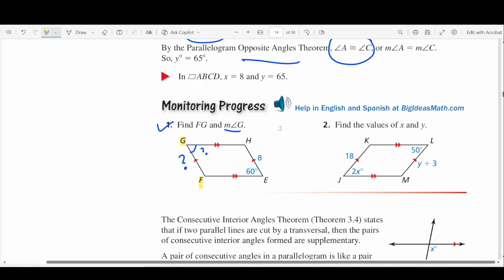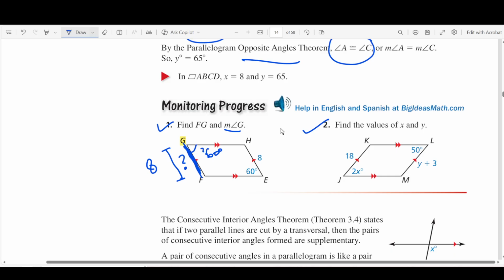This is FG, isn't it? What is the length of FG? The length of this side. 8. Very good, 8 units. And the measure of angle G is, you already said 60, because opposite angles are equal.